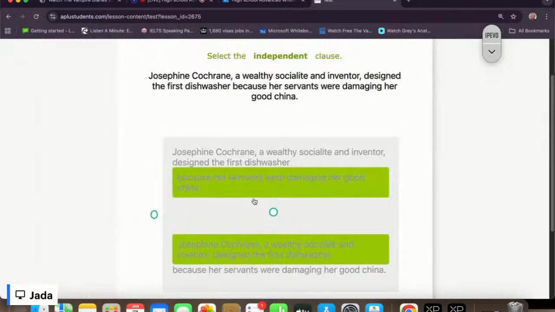Okay, so Ellen Cochrane, a wealthy socialite and inventor, designed the first dishwasher because her servants were damaging her good china.